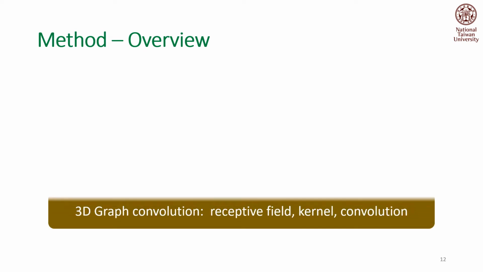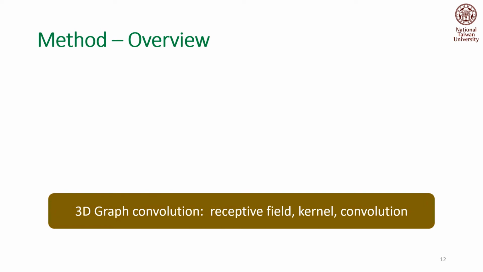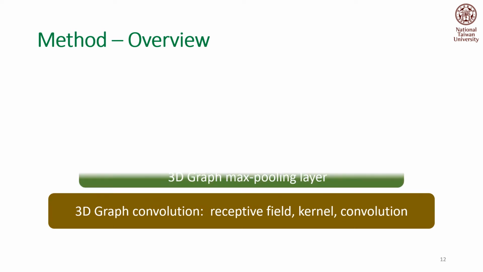In the following sections, I'm going to introduce our work step by step. First of all, I'm going to introduce some basic components and ideas in the 3D graph convolution, such as receptive field, kernel, and the convolution operation.